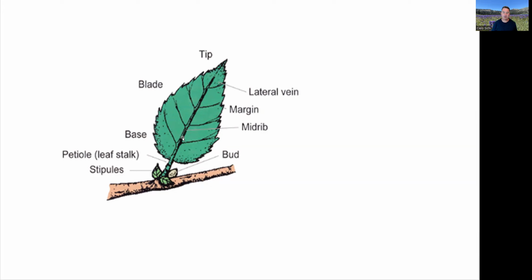There's a lot of different leaf shapes, base shapes, tip shapes, blade shapes, etc. And again, the reason we learn this is because this is how we identify plants. There's also the leaf margin. Okay, there's the leaf margin, and that is the outer edge of the leaf itself. Okay, and its characteristics will help us identify plants.